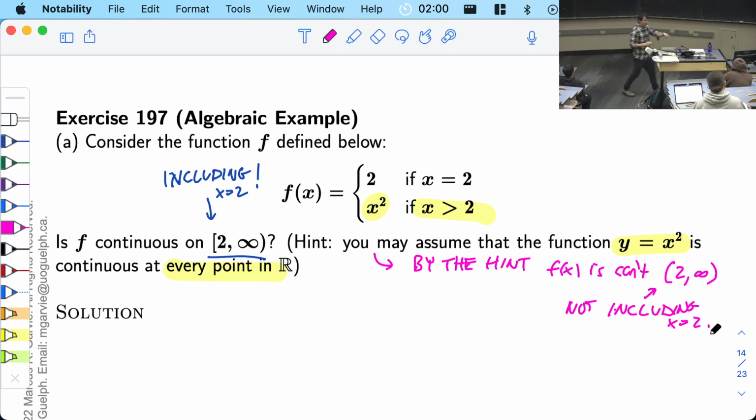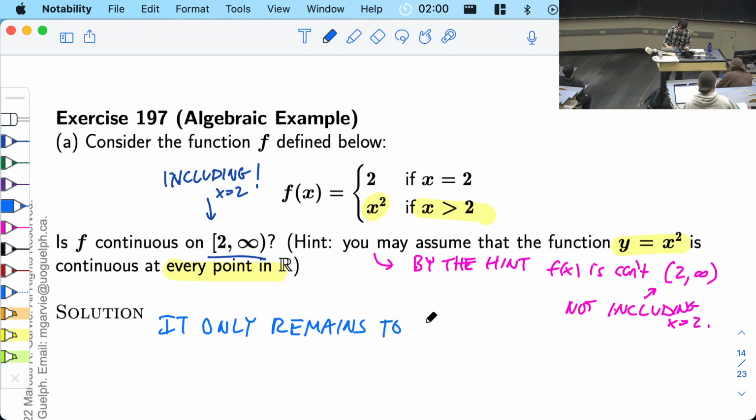To answer the original question, is it continuous everywhere, including 2, we have just one piece left to do, which is x equals 2 itself. So it only remains to check if it's continuous at x equals 2.